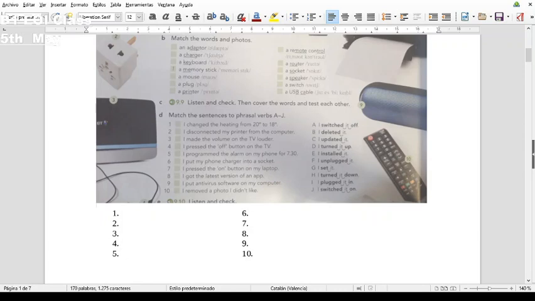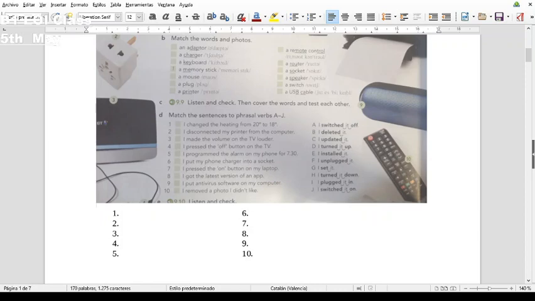Then you have to match. I'm going to read these sentences and you have to match which phrasal verb means the same. We need to use phrasal verbs. Ready? Come on. Number 1. I changed the heating from 20 degrees to 18 degrees.